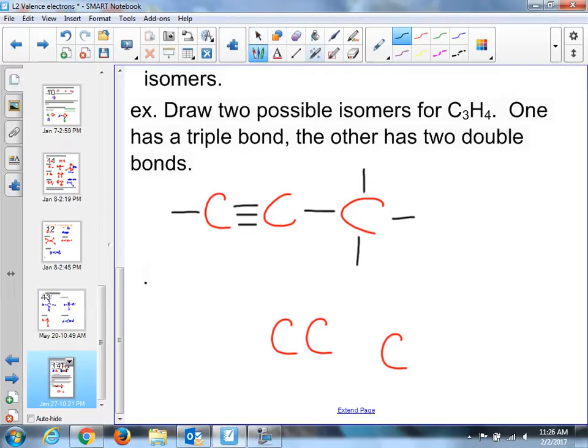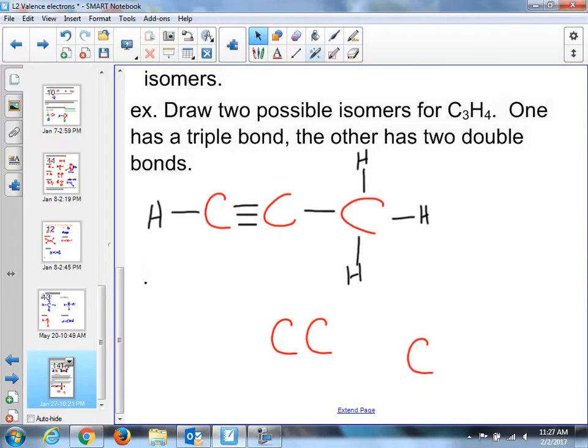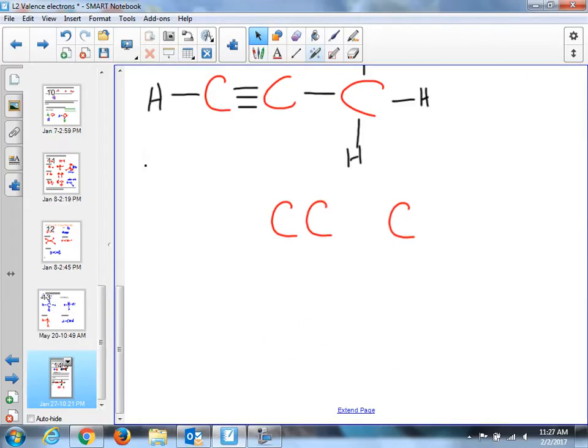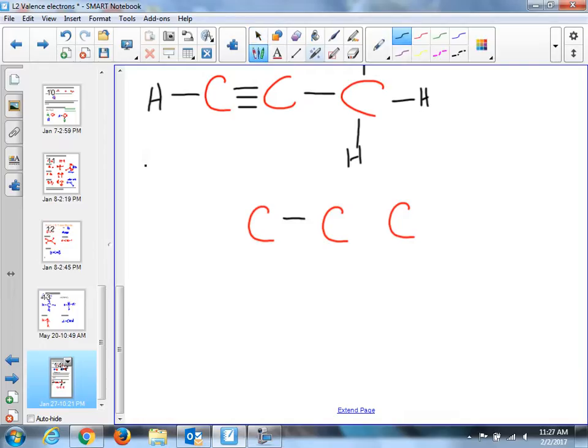Hey, that works perfectly. C3H4. Now, the other way to do this, this is why we call these structural isomers. If I gave you the hint, 2 double bonds. Well, the only place double bonds can happen is in between the carbons. You can't have a double bond to hydrogen ever, as we know.